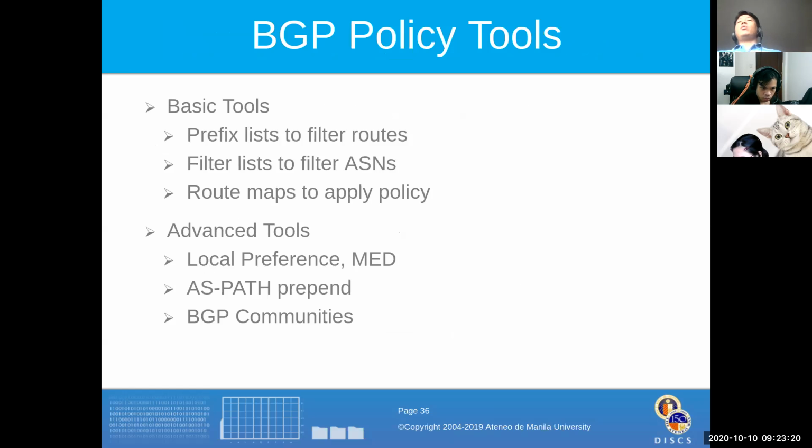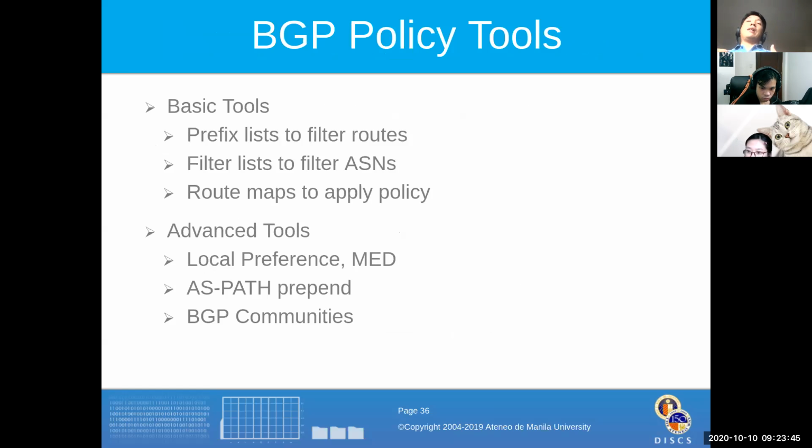The basic policy tools for BGP, these are just a few of them. There are actually plenty. The basic tool is what we call prefix lists, which means you can define routes. So for example, I am at Ateneo, I'm connected to VICT, PLDT, and Converge, but I want traffic from Ateneo to the ISPs to move in and out, but I don't want traffic, say, from one ISP to go to another ISP.